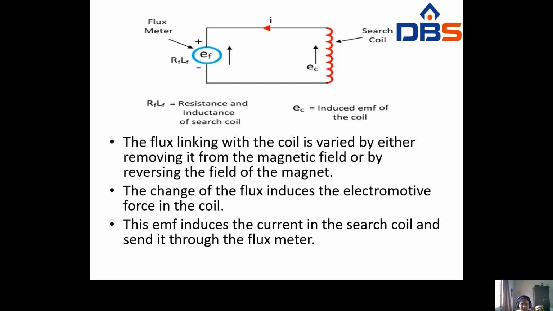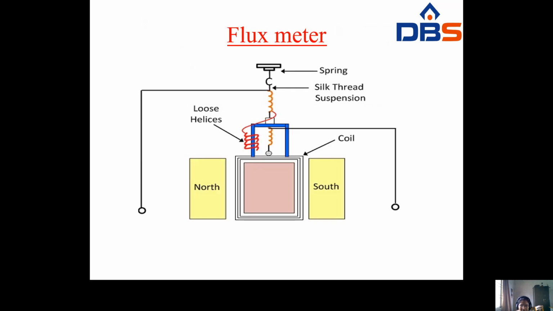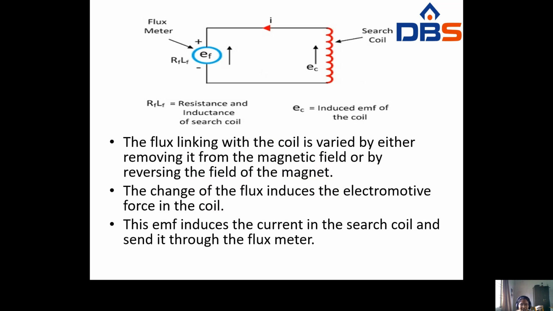The change in the flux value induces the electromotive force in the coil, that is nothing but E. This EMF induces the current in the search coil and sends it through the flux meter. That current will pass through the flux meter. In this diagram, this is a search coil, and for the flux meter we have to connect a search coil.